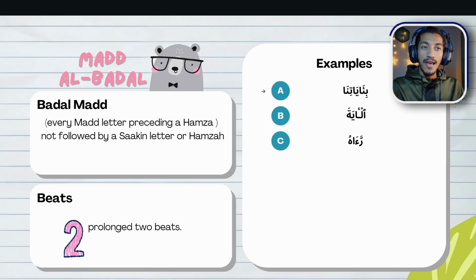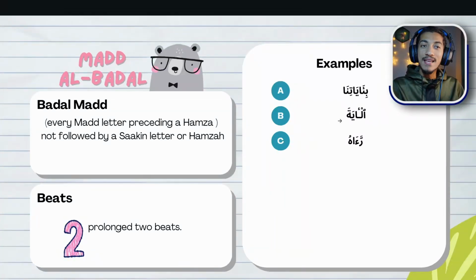Examples are, as you see here, بِآيَاتِنَا, the same type for Maad al-Badal, and also natural Maad, as you see here, it's an Alif Maad. Here we have a Hamza, then there is an Alif Maad, no Hamza or Sukoon after it. This is Maad al-Badal, it's 2 beats.